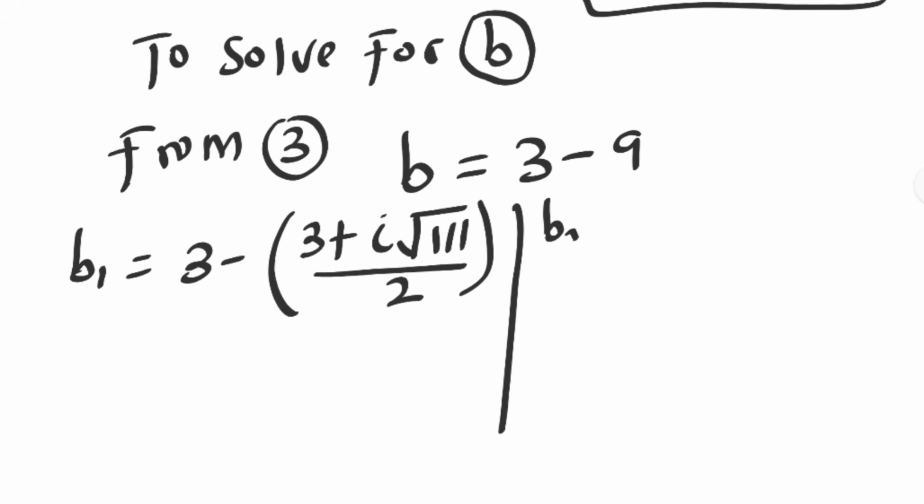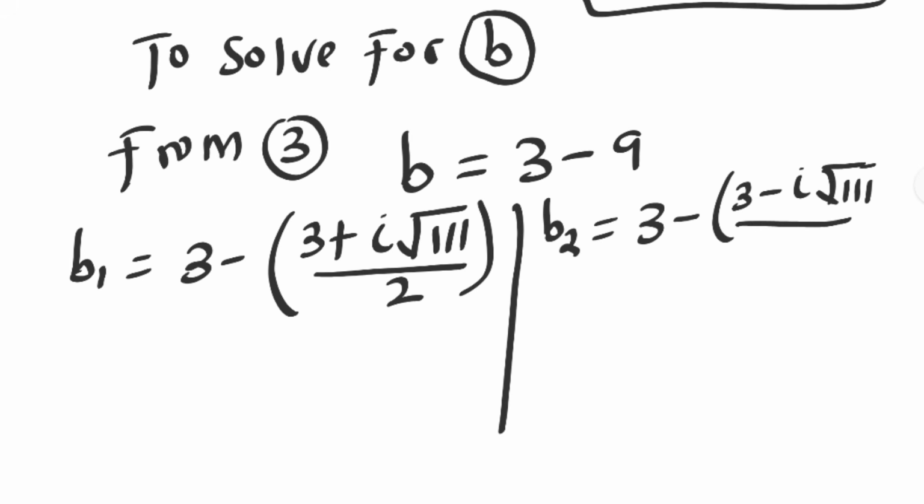Our b2 is equal to 3 minus 3 minus i square root of 111 over 2.